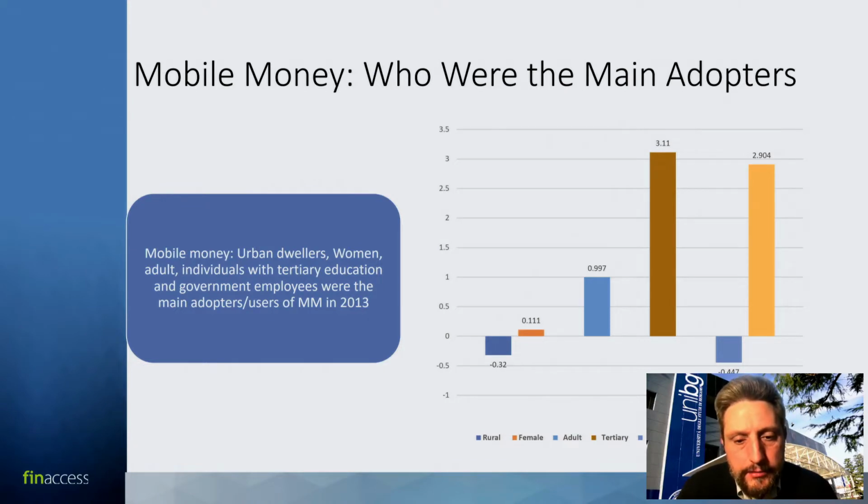While in the case of the rural population, they were less adopters of mobile money in 2013 with respect to the urban dwellers. So you see here also the same dynamics that we have been seeing so far. So next one, please.